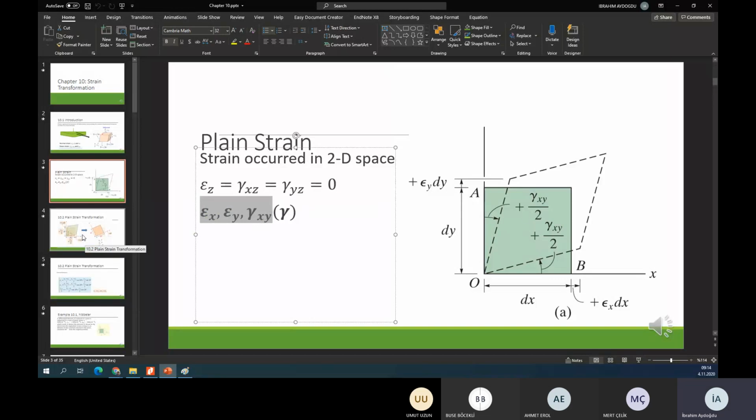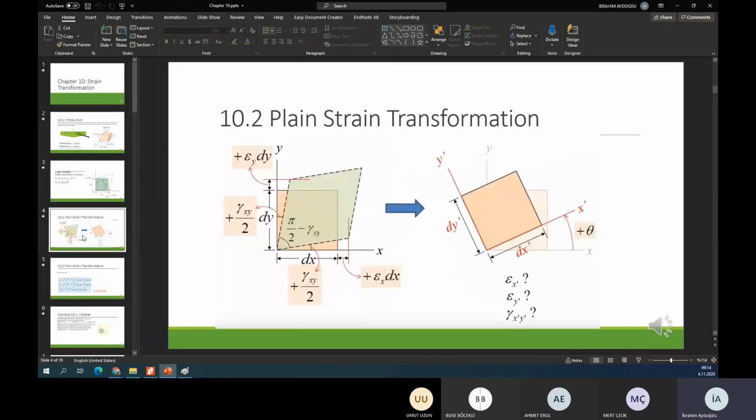So similarly, we have the same question as for stress transformation. With different orientation, do epsilon x, epsilon y, and gamma xy change, or do they remain the same, or will we get different values? Similarly to stress transformation, we will get different values.